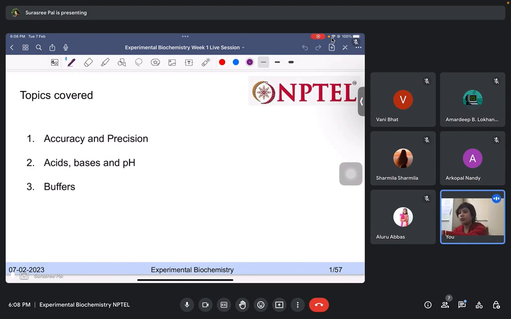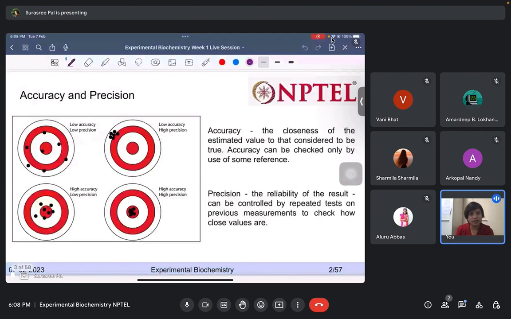So when we are discussing accuracy and precision, we are discussing measurements of values. In this particular course, experimental biochemistry, which means the experiments that we do in a biochemistry laboratory, they involve various measurements of, for example, volume, pH, weight, temperature, and so on.